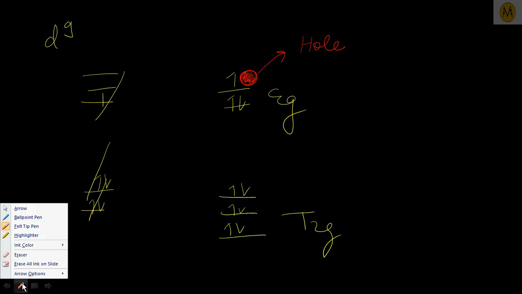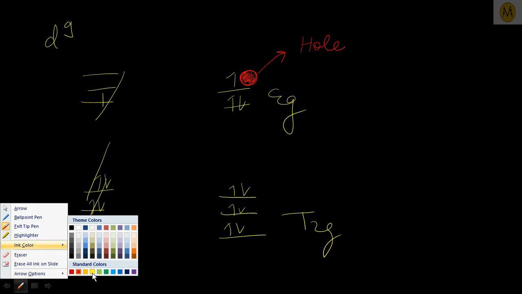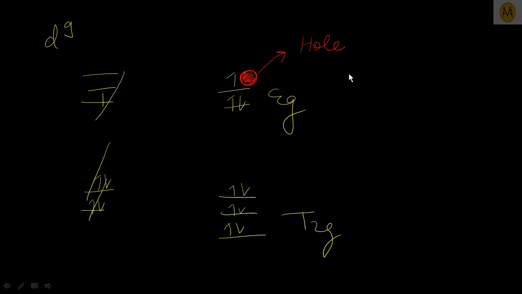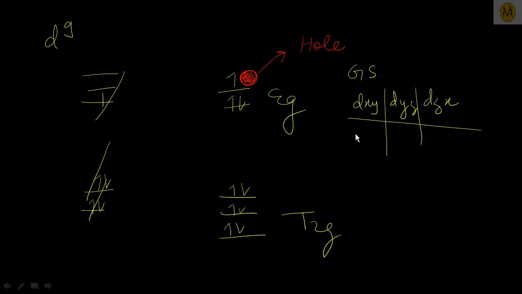Is that all right? So in ground state, what are the possible combinations? dxy, dyz, dzx. This will remain the same, 1, because these are completely filled. This is one combination.